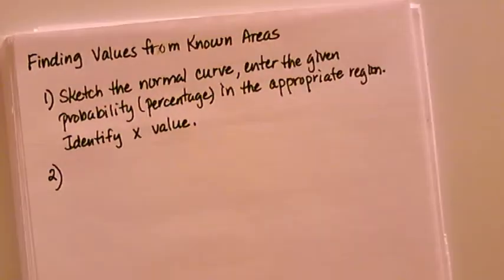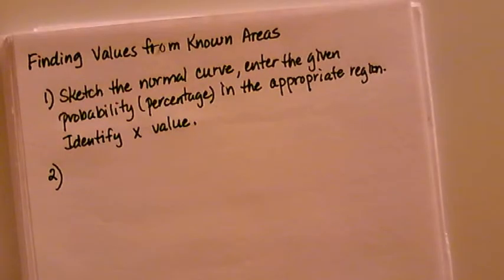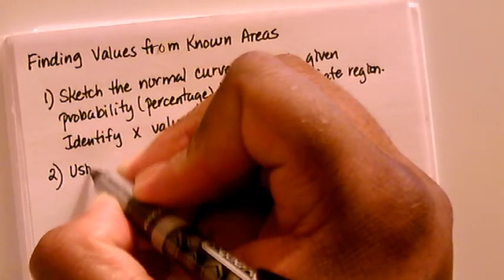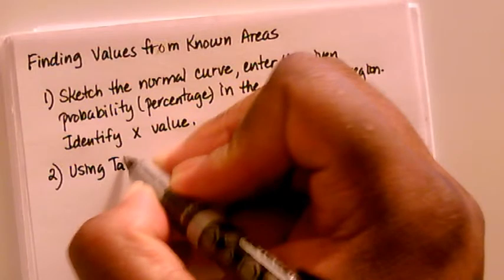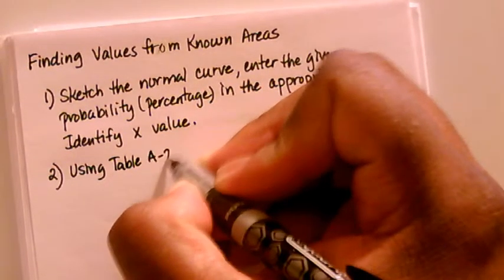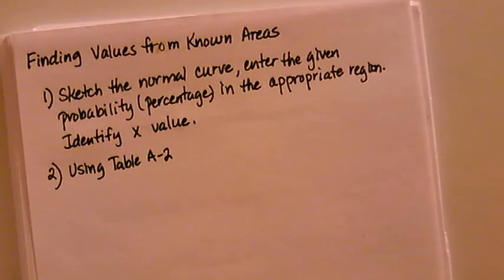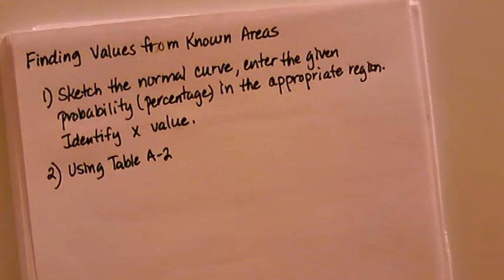Okay. Now, step number 2. I'm just saying table A-2, which is the standard normal distribution table. For those of you who are watching this, it's the standard normal distribution table. For those of you who are taking my class, it's table A-2.